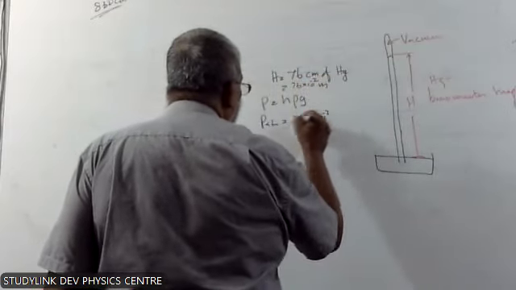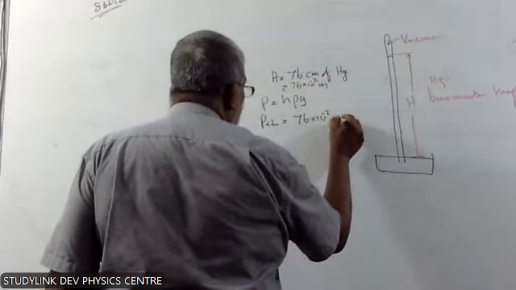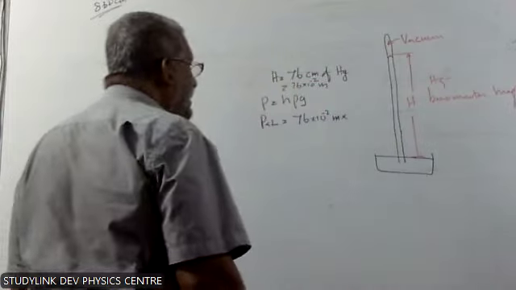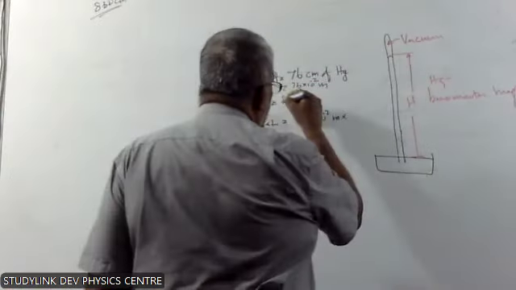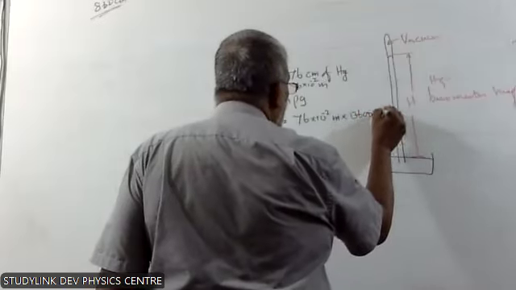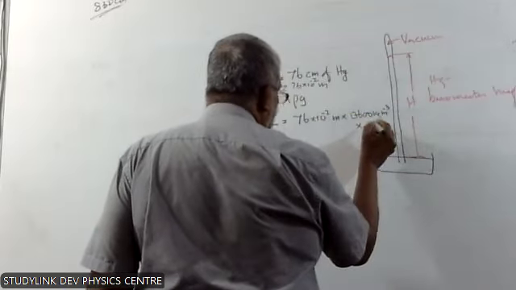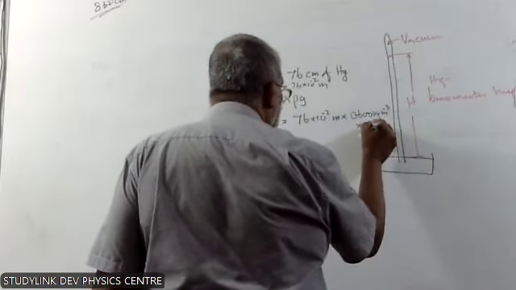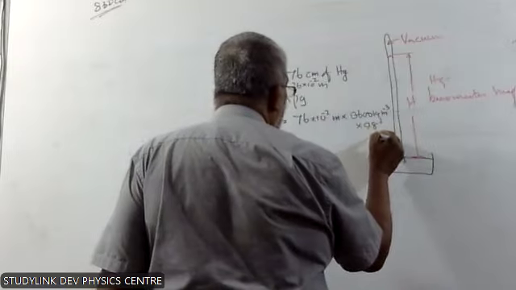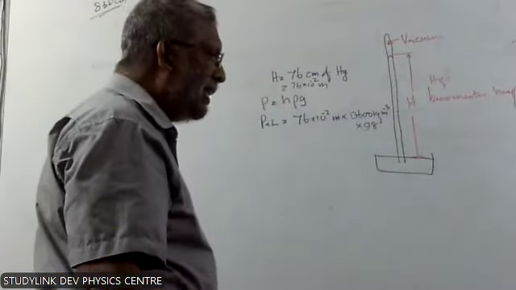If you want, you write the units here; normally I don't write. Then the density of mercury, 13,600 kilograms per cubic meter, into g. g is normally 10, but the actual value is 9.8.